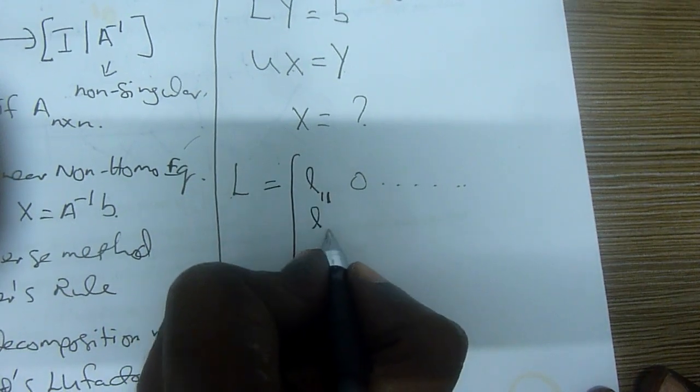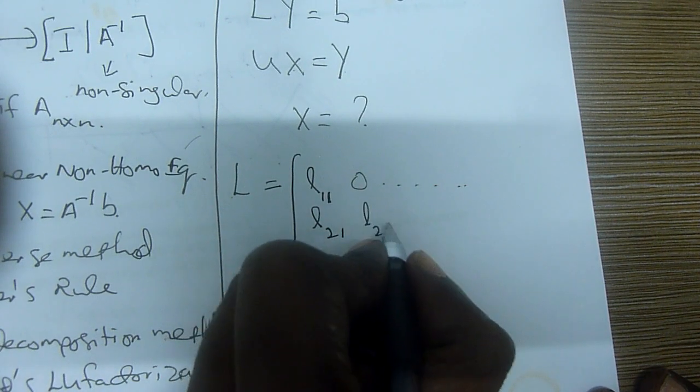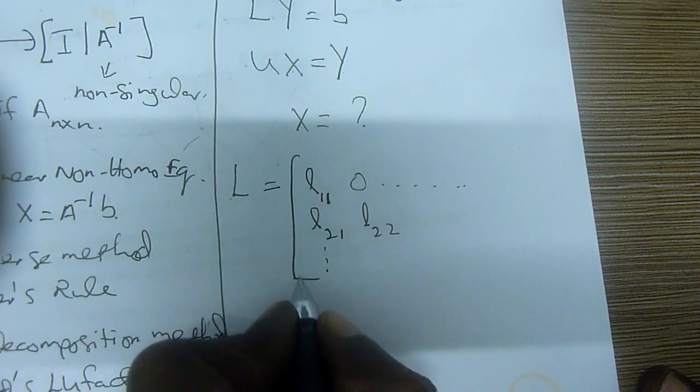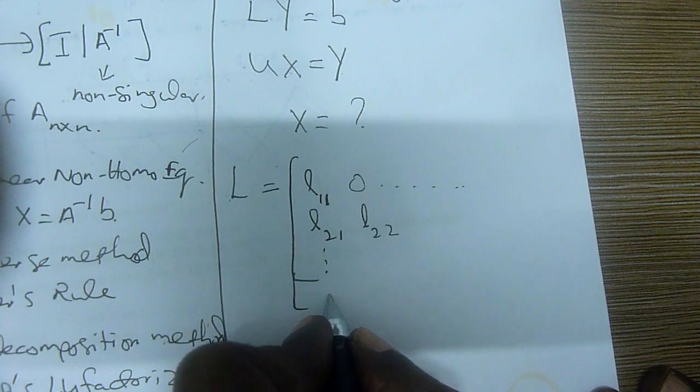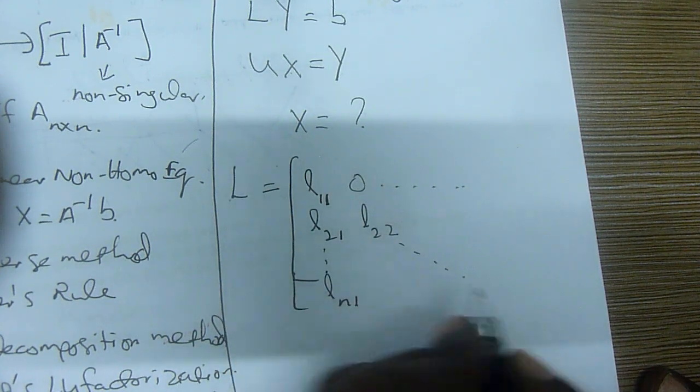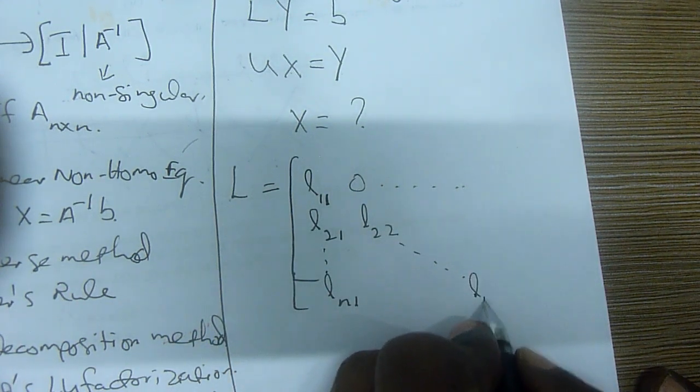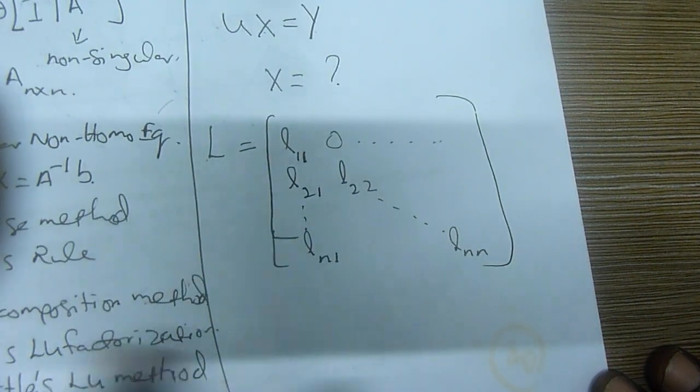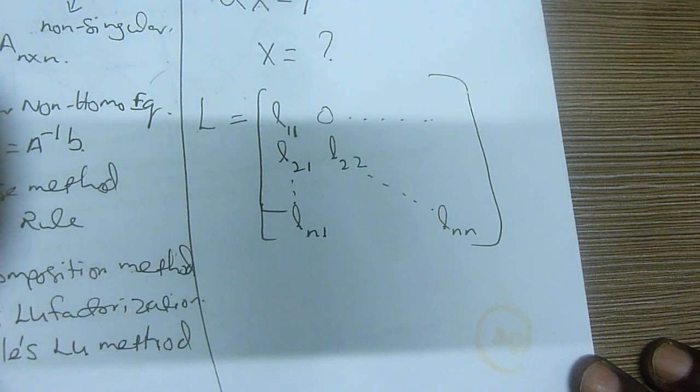Here we'll do L21, L22, and I come down to whatever level I can go, to LN1, and you can see it will go on until LNN. This is one of the ways that I can write L. Can you see that?